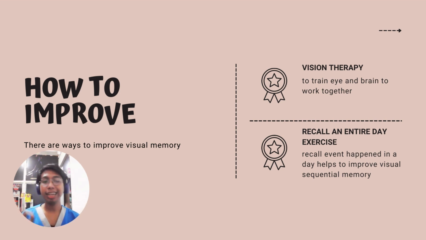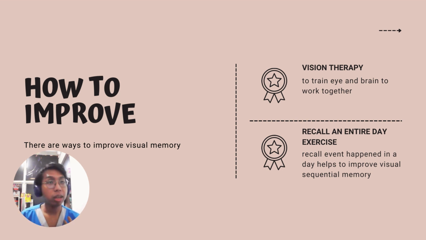And then the recall-an-entire-day exercise, which is to recall events that happened in a day, helps to improve visual sequential memory. For example, you know that your child has poor visual memory. So how can you do it? You ask them, all right, Mommy wants to know what happened today.